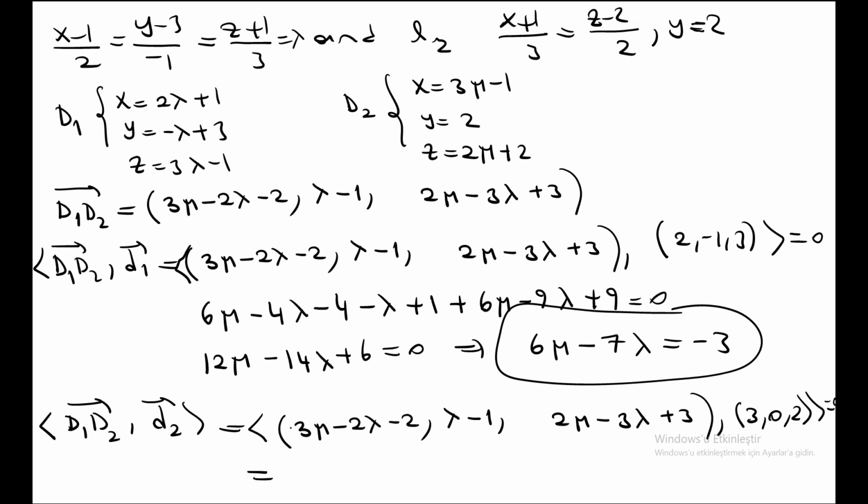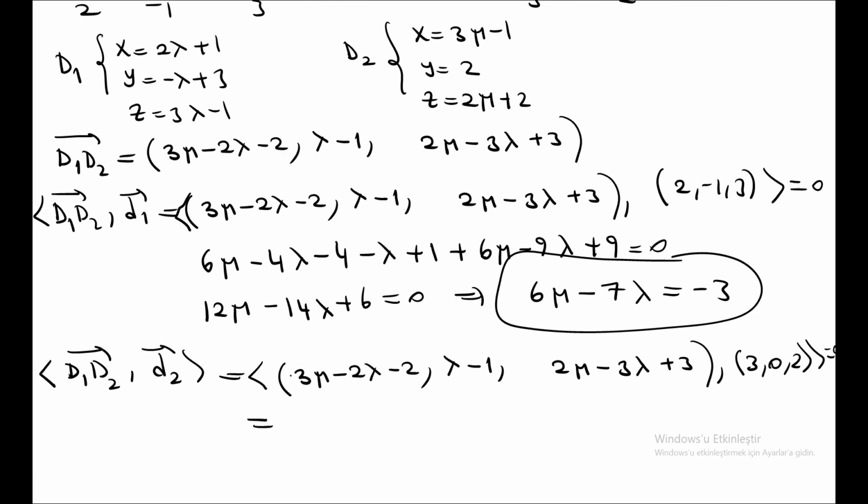If I multiply this one, then you have 9 times mu minus 6 times lambda minus 6, plus 4 times mu minus 6 times lambda plus 6 will be 0.